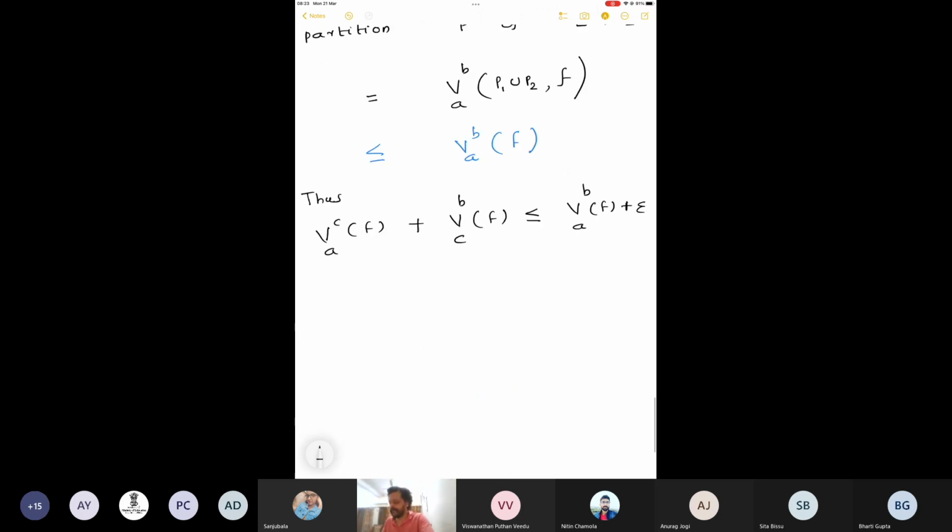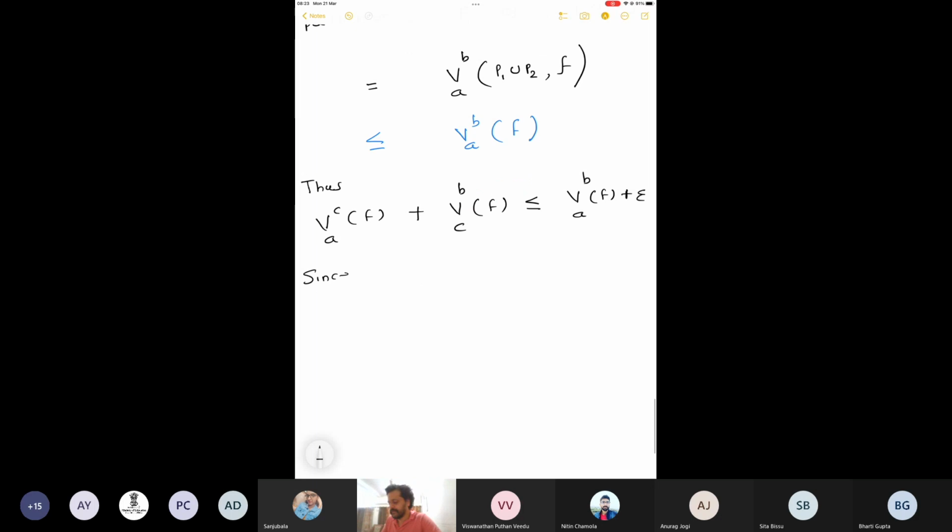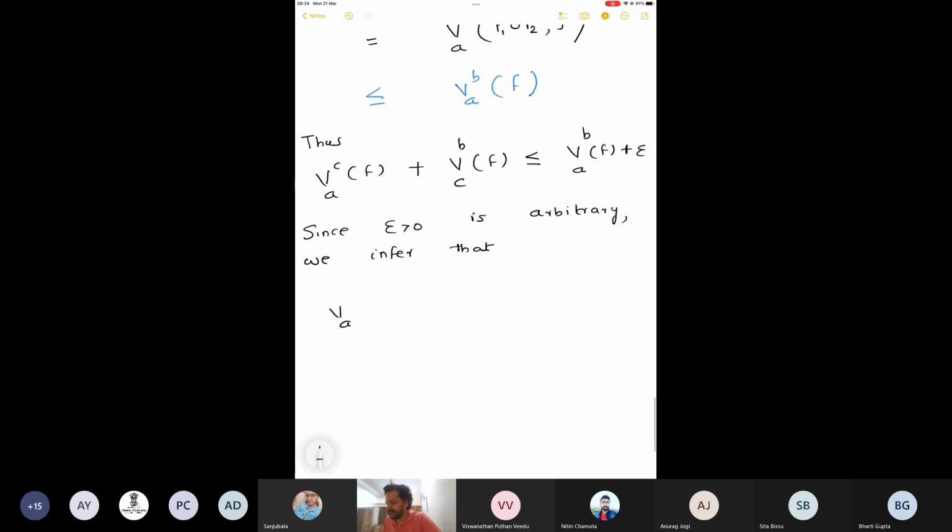Now epsilon is arbitrary. Since epsilon greater than 0 is arbitrary, we infer that total variation of F over the interval AC plus total variation of F over the interval CB is less than or equal to total variation of F over the whole interval AB.